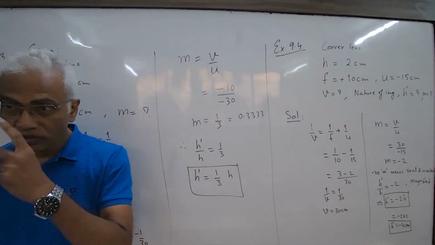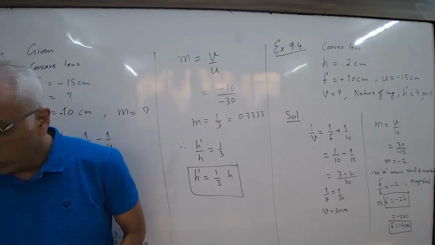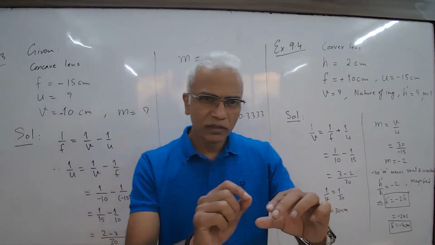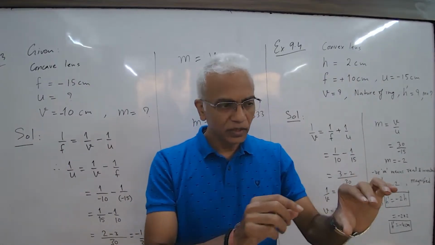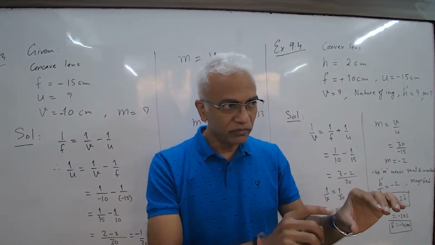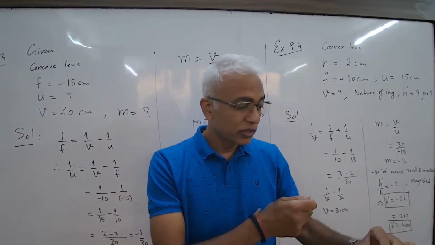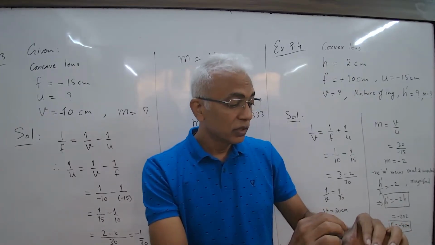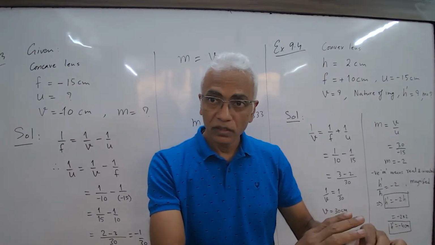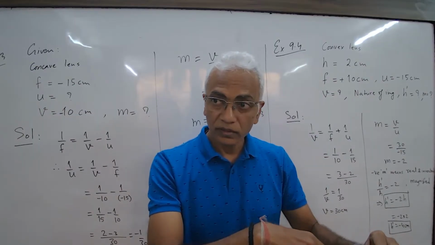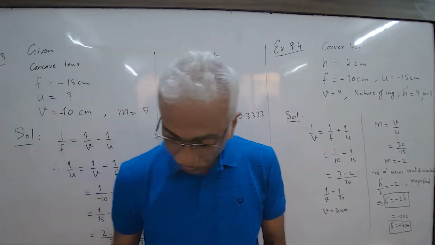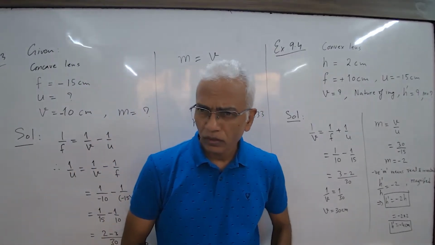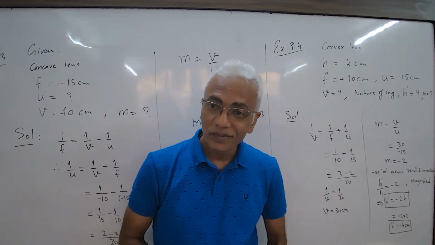Which image position will we use? Like we keep the lens very close. If there is a medicine name printed very fine, we use a magnifying glass. So we keep the glass very close to the object. So that image now gets enlarged and it is virtual and erect.